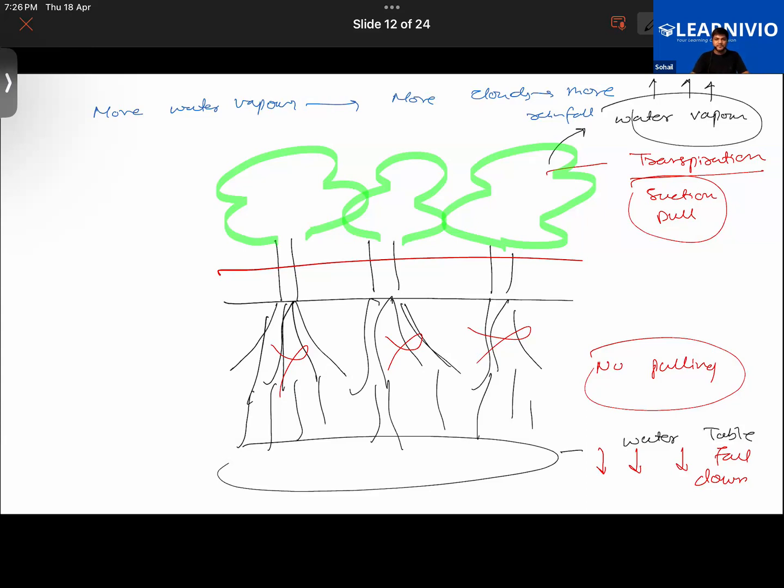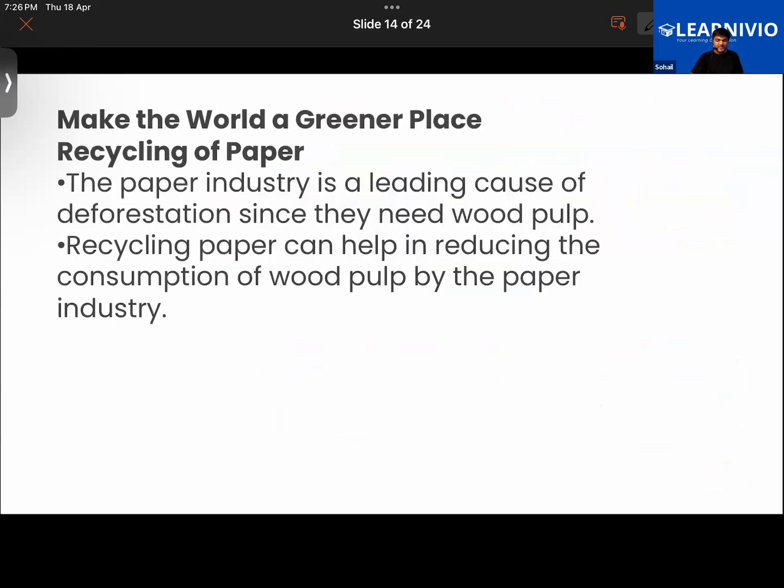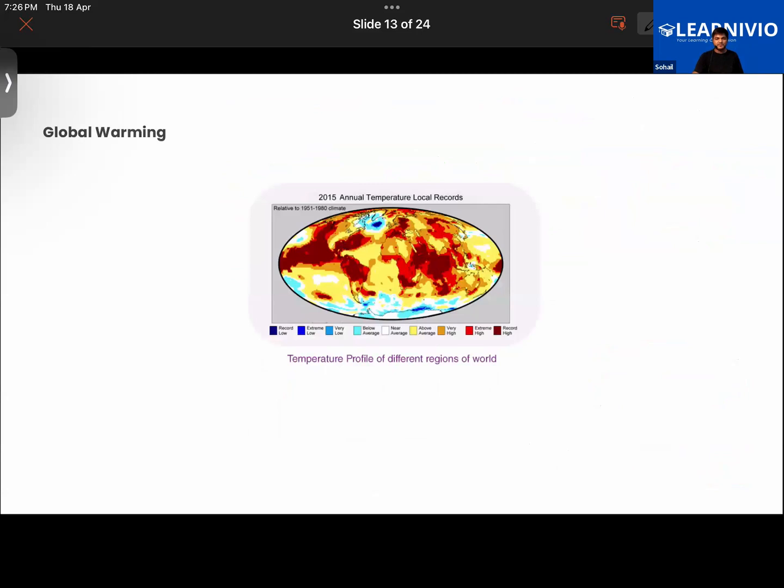Okay, now. Moments ago, we have basically studied that deforestation reduces rainfall because less groundwater is put into the atmosphere as water vapor through transpiration. Deforestation leads to floods also, because what happens? Percolation of rainwater into the soil is reduced.